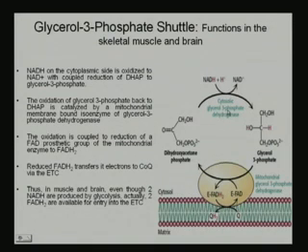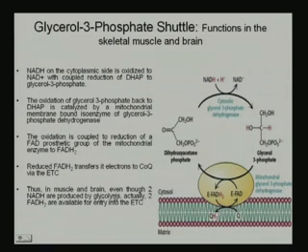This oxidation is coupled to a reduction of FAD, the prosthetic group of the mitochondrial enzyme, to FADH2, and this FADH2 transfers its electrons to ubiquinone, converting it to ubiquinol, and this way it supplies electrons to the electron transport chain.